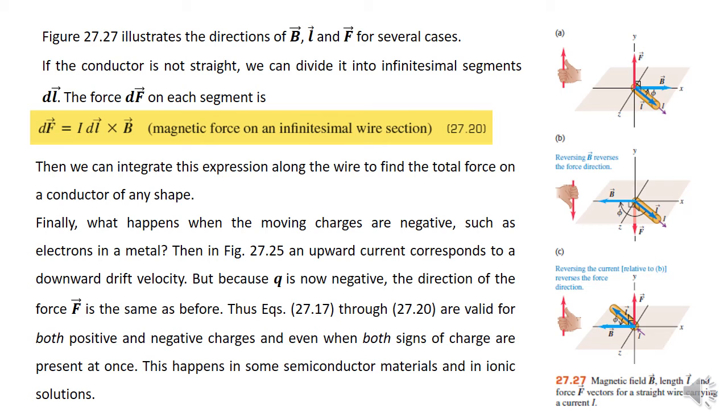In these figures there are several situations given where the directions of the magnetic field and the length of the conductor are different, and similarly the force will be different in each situation.